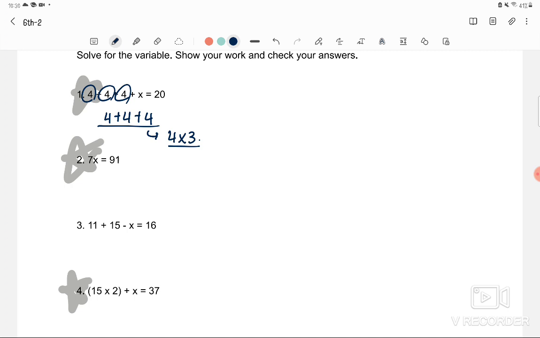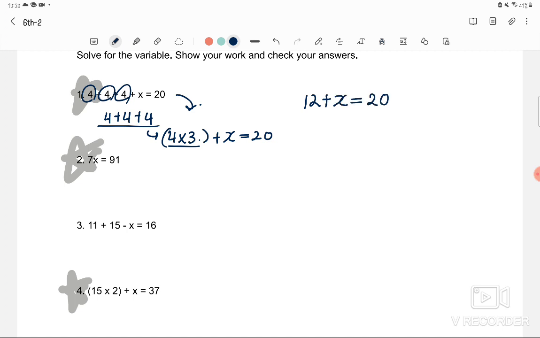So 4 times 3 plus x equals 20. This is another way of writing 4 plus 4 plus 4 plus x equals 20. So 4 times 3 is 12 plus x equals 20.